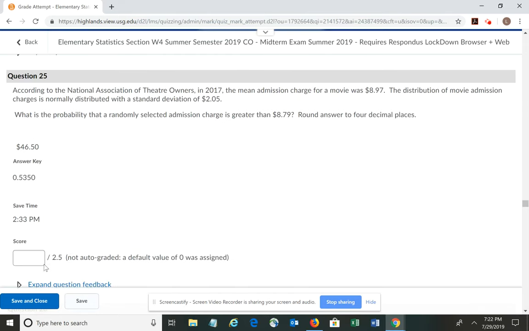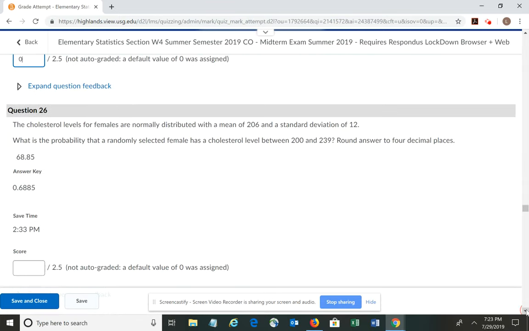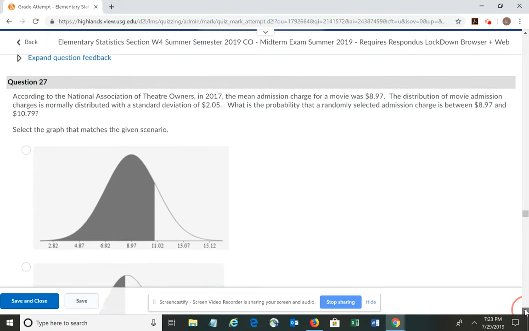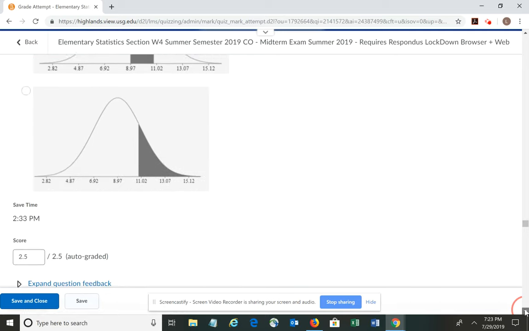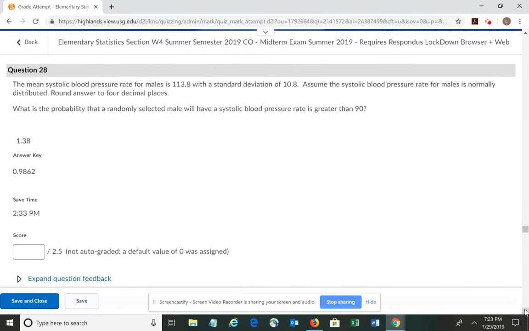Question 25 is incorrect. So they get 0. Question 26 is also incorrect. So they get 0. Question 27, they got correct. Question 28, they did not. They get 0.